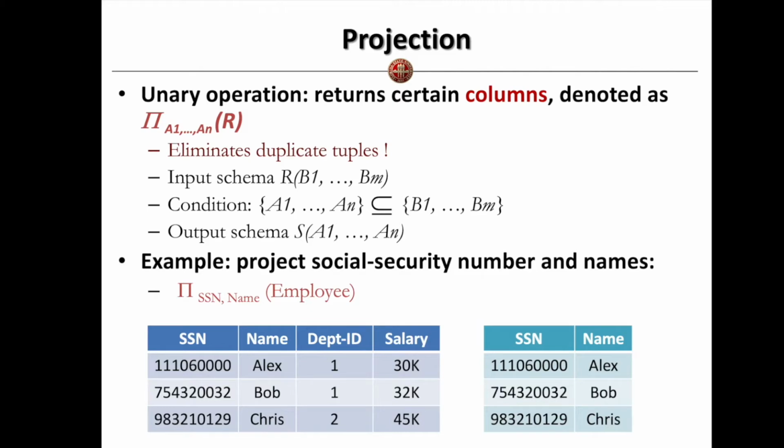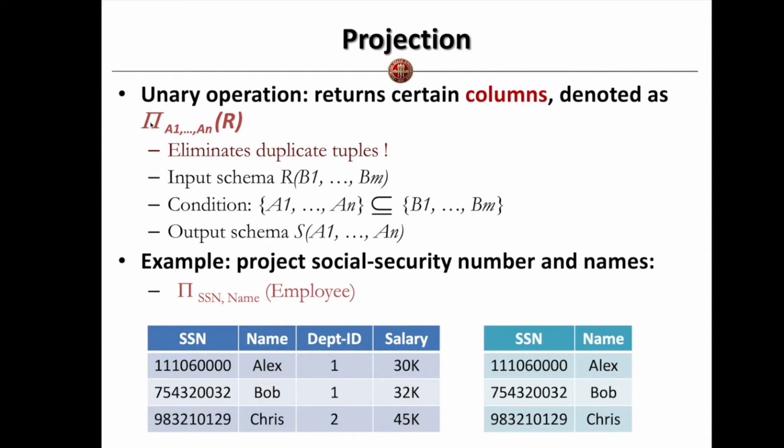If so, we need to use the projection to help us. So the projection is a unary operation. It returns certain columns. Formally, we can represent the projection as a pi with subscript a1 to an, and then we have parentheses, we have r, which denotes the relation we are working on.